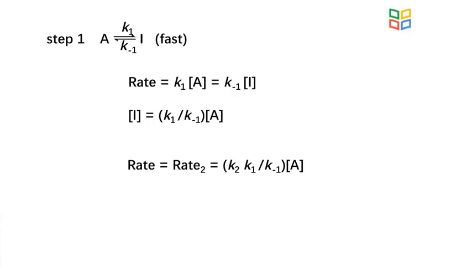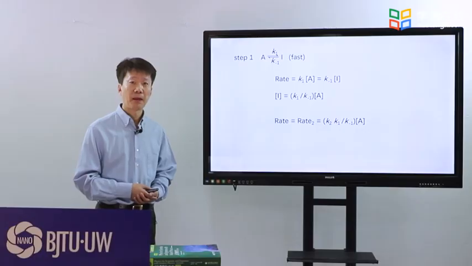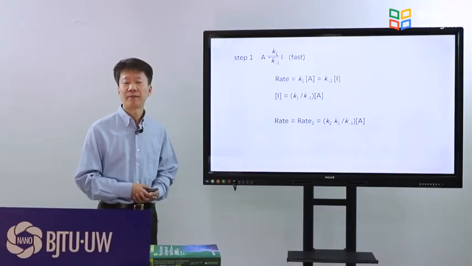In reaction B, I is an intermediate produced by A, consumed rapidly to form product B. We usually do not use the concentration of the intermediate in the rate law. We should replace it.